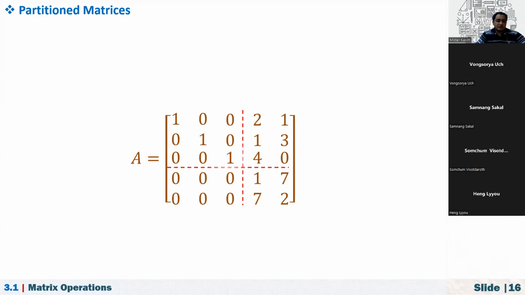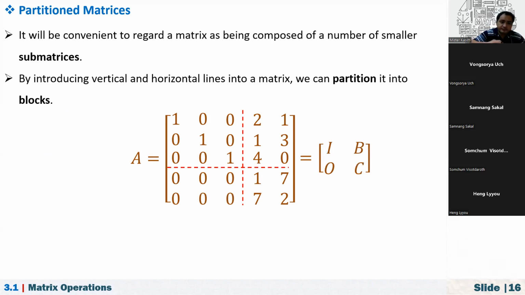Now, next, let's talk about partitioned matrices. The reason why we need to partition matrices is that sometimes, if you're given very big matrices, we may have a lot of zeros inside, or ones on the diagonal.